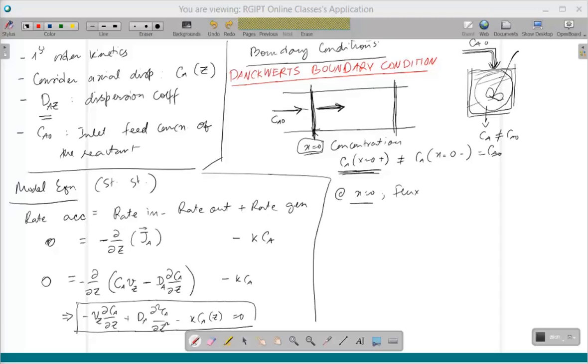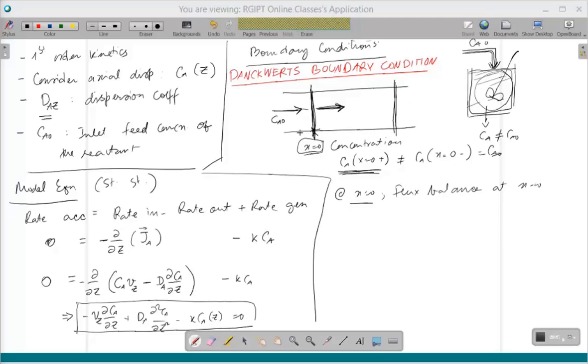So flux balance at x equal to 0. Flux in will be equal to flux out because it's steady state. What is the flux in? There is no diffusive flux in because concentration is constant before this point.